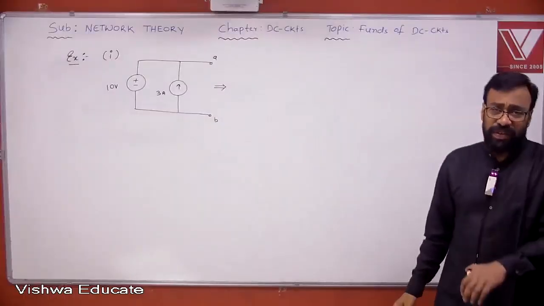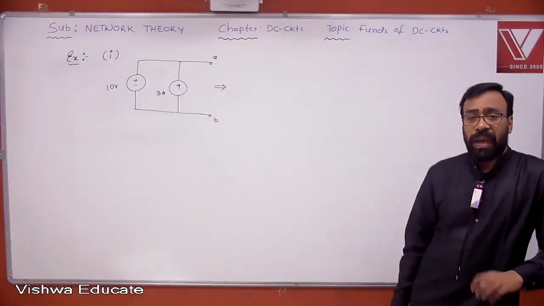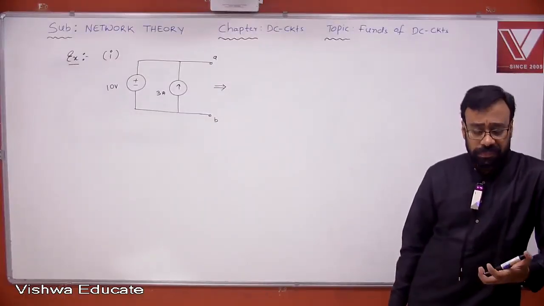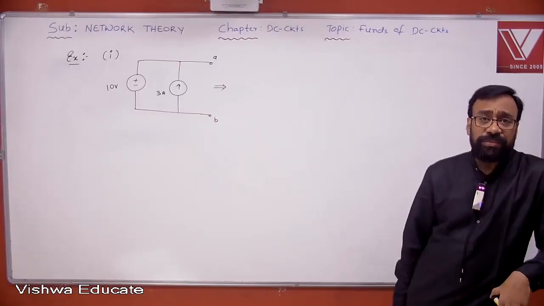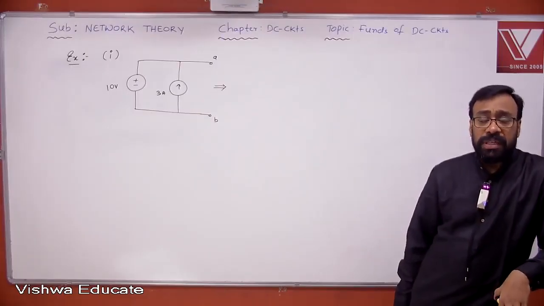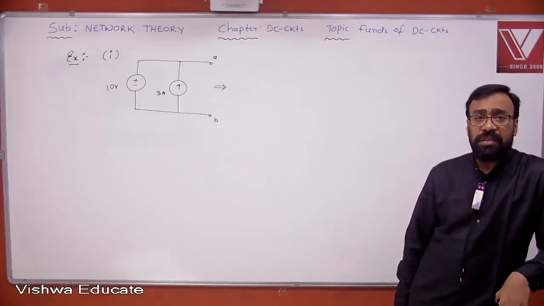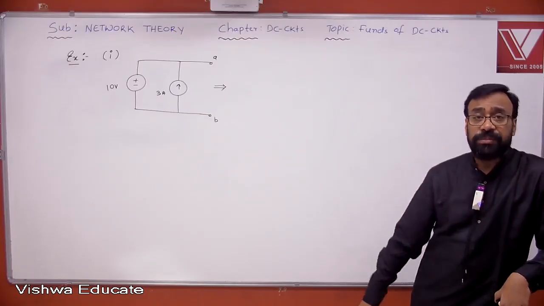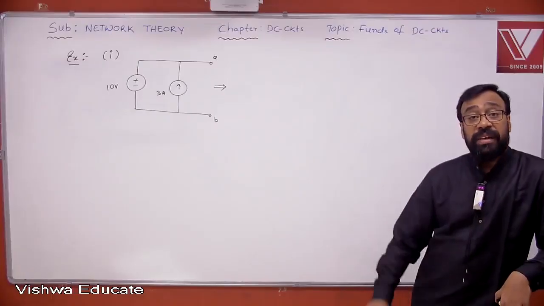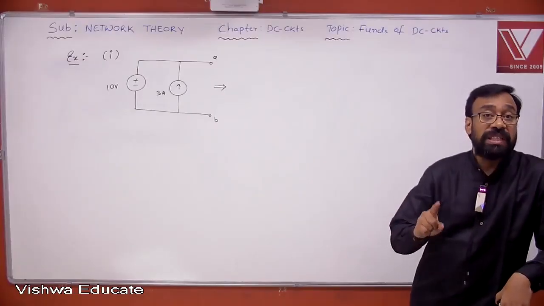How do you check validity? Whether the circuit is valid or not, how do you check it? A circuit is valid if at every node Kirchhoff's current law is satisfied, and in every loop Kirchhoff's voltage law is satisfied.